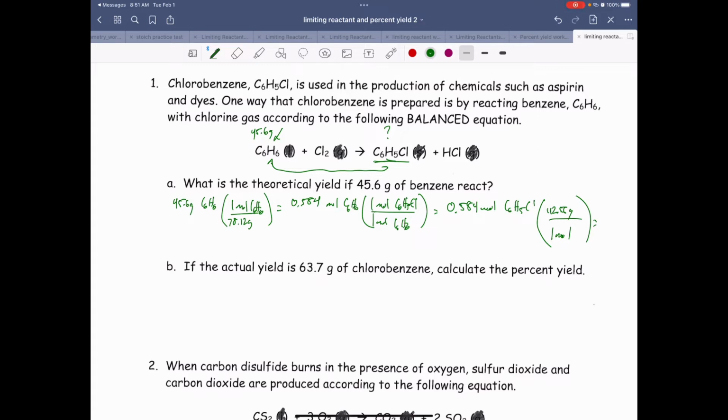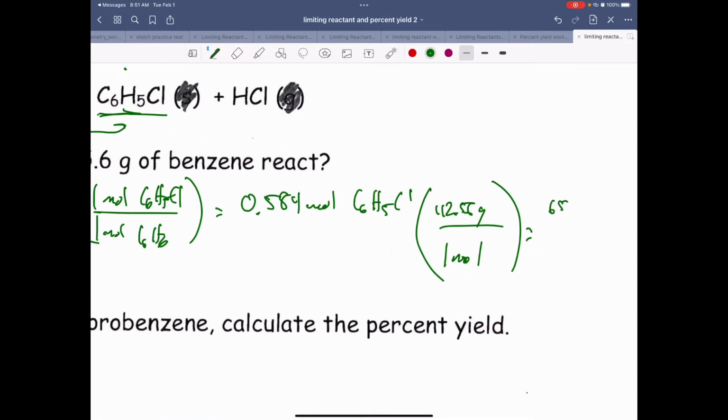All right, so let's multiply those two numbers together. 0.584 times 112.56, 65.74. Let's zoom in here. 65.74 grams of C6H5Cl. That's our theoretical yield.